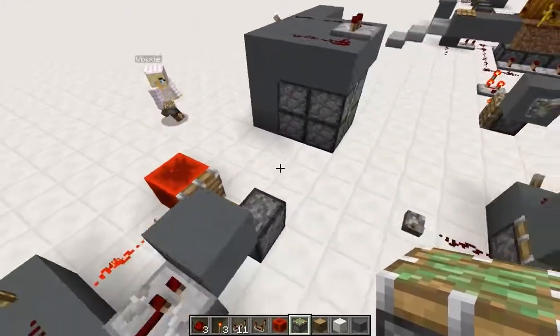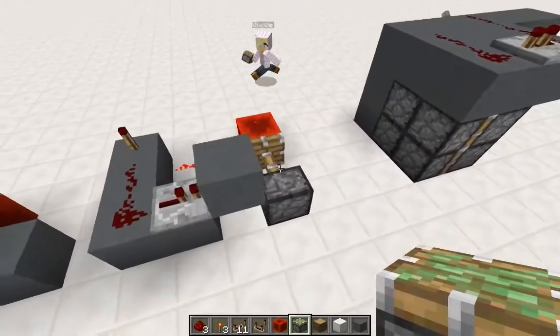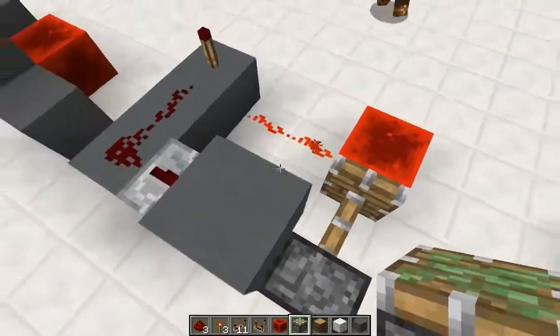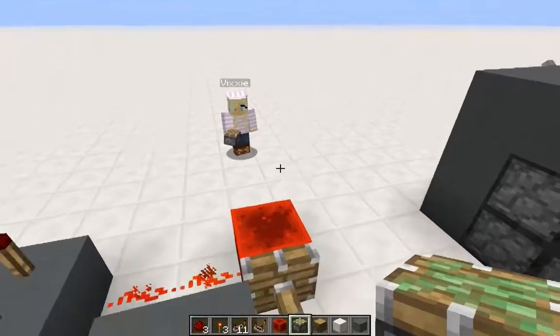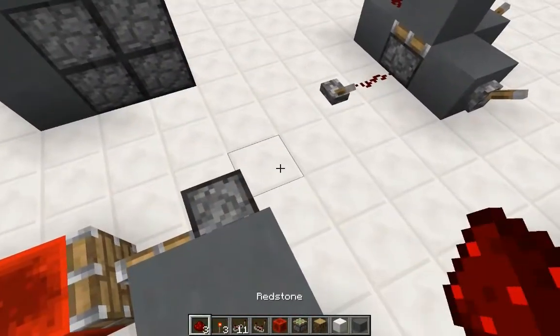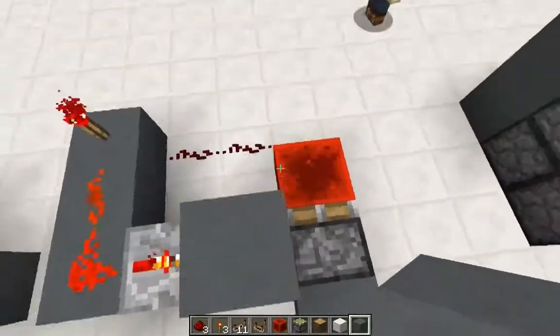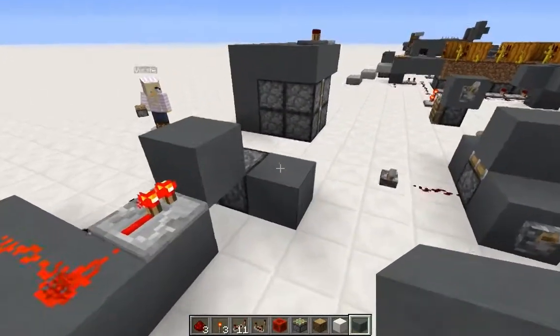So hopefully they keep the functionality going. It might not be working like this. They might have a block that you can place next to something and cause an update, and it'll send out a redstone signal of some sort. But that's all speculation for now.